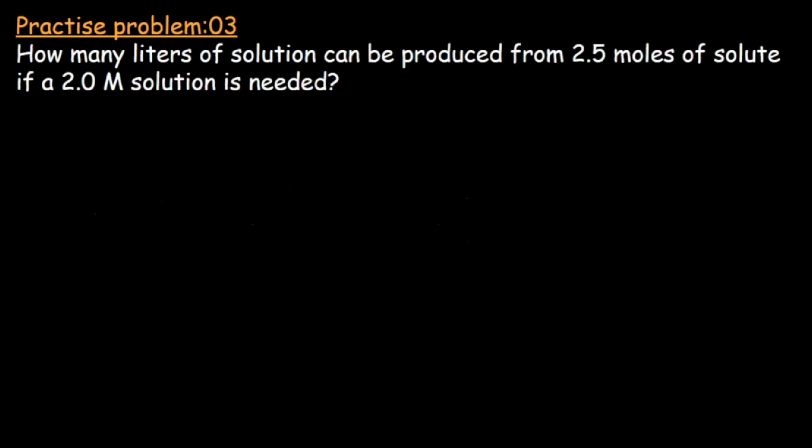Let's discuss another example. How many liters of solution can be produced from 2.5 moles of solute if a 2.0 molar solution is needed? The equation of molarity is number of moles of solute divided by volume of solution. According to this statement, the number of moles of solute and molarity of solution are given, but we have to calculate the volume of solution in liters.